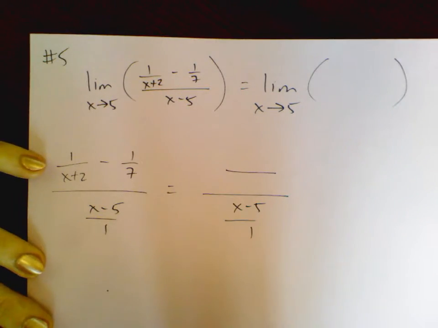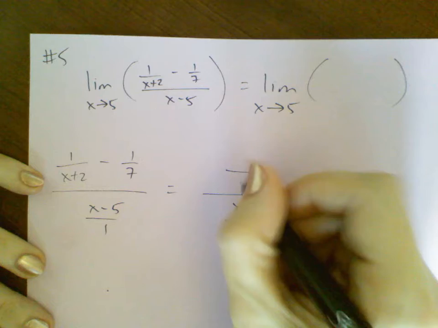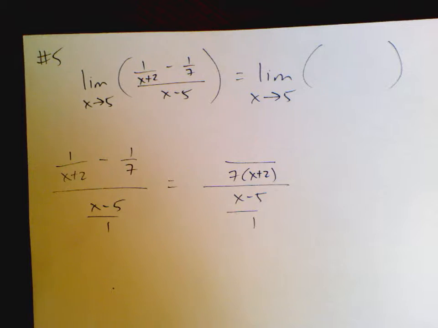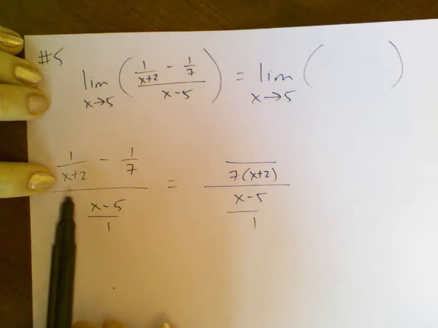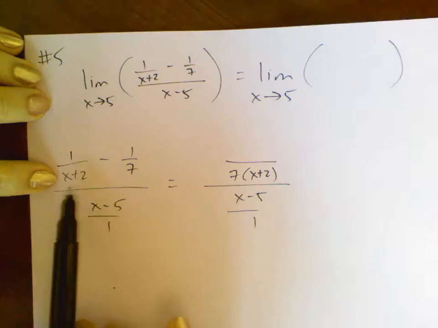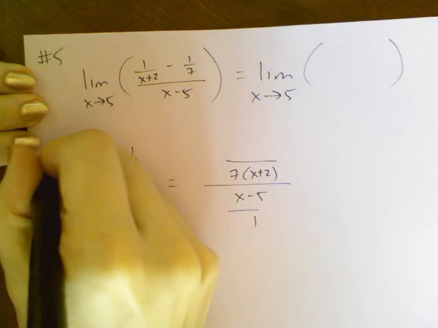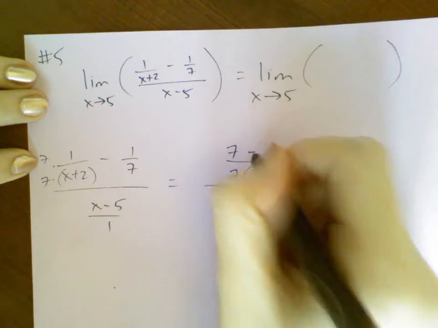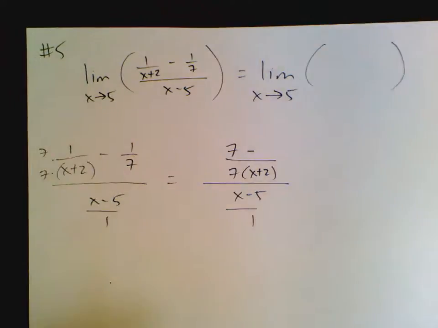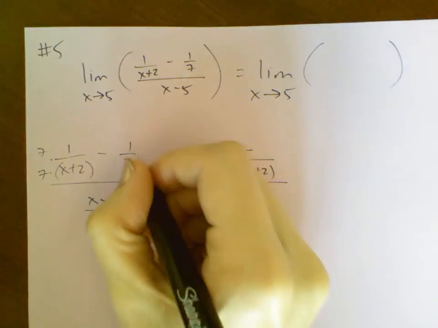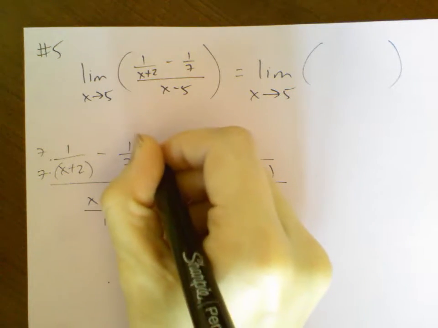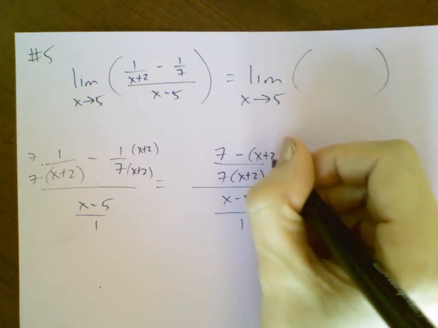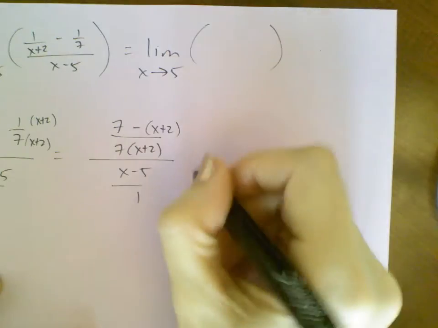My common denominator is going to be 7 times x plus 2. I'm missing a factor of 7 in this denominator, so I multiply by 7. So this 7 comes over, minus. In this denominator, I'm missing a factor of x plus 2, so I multiply both the numerator and denominator by x plus 2.